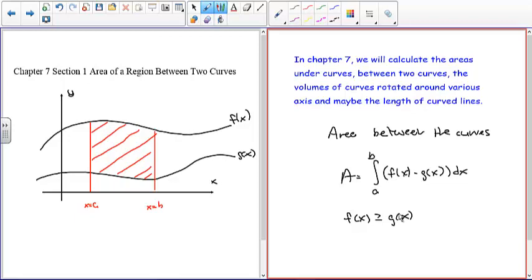So it's important in these next three sections to plot the functions so you visually know what's happening within the domain that you're interested in. Otherwise, you're going to get a negative answer instead of getting a positive answer.